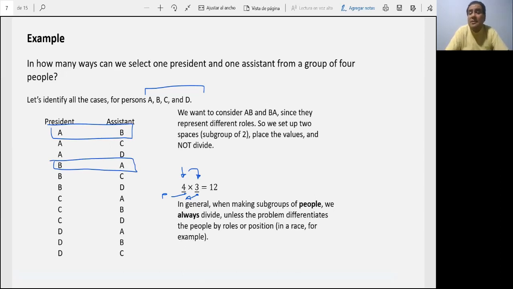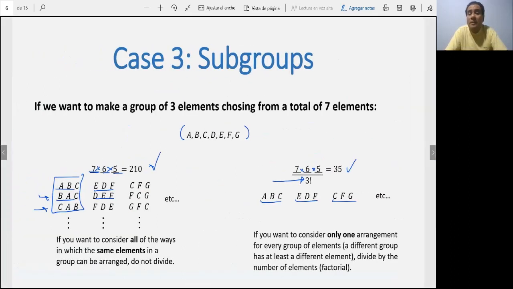So, in general, when making subgroups of people, we always divide, unless the problem differentiates the people by roles or position. For example, they may tell you that the subgroups have a different order, meaning different position. Imagine that in this problem, they told you we have 7 racers running the 100 meters run.